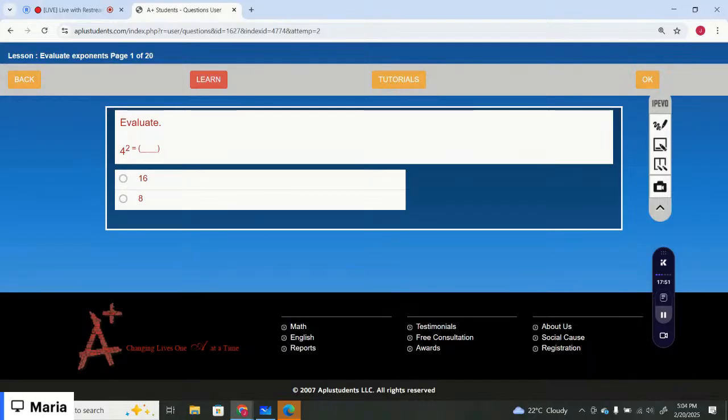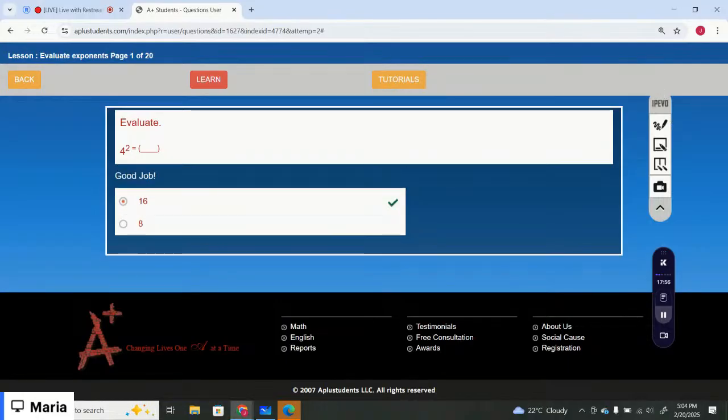The correct option is 16. You have to multiply 4 two times. You have to do 4 times 4, that is 16.